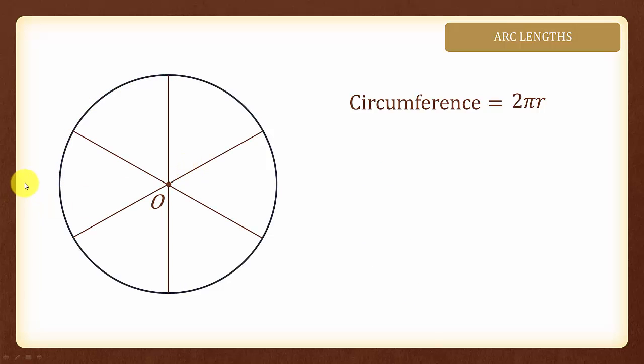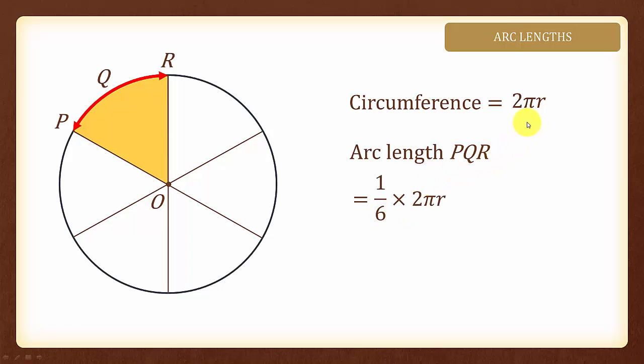Next, we divided the circle into 6 equal parts. Now, what is the arc length PQR? Yes, it should be 1 over 6 of the circumference, and we will have 1 over 6 times 2 pi r. Since it is divided into 6 equal parts, the angle subtended by the arc PQR here should be 60.